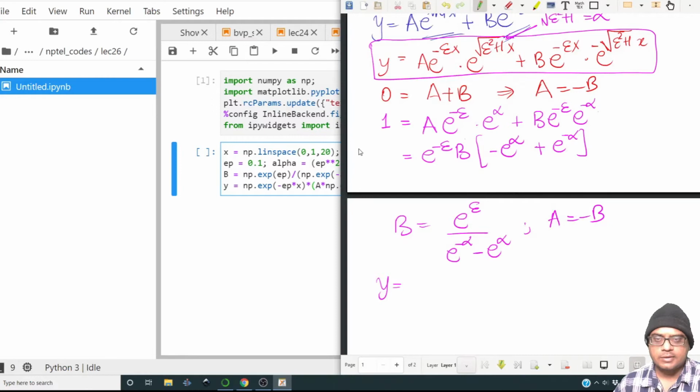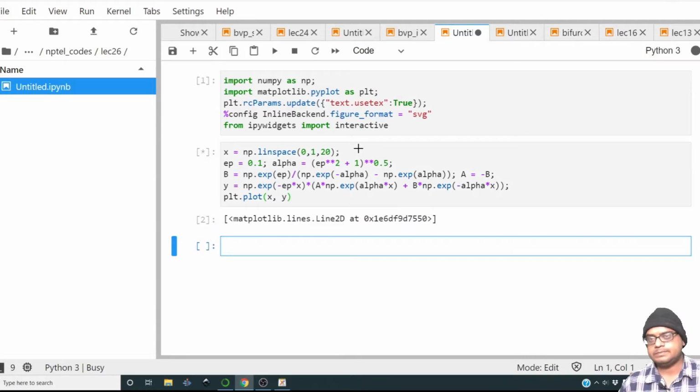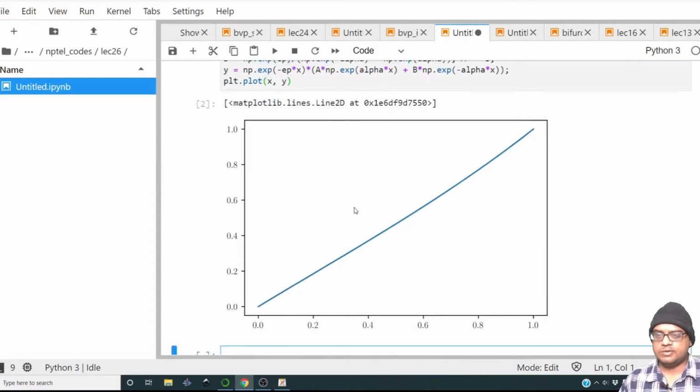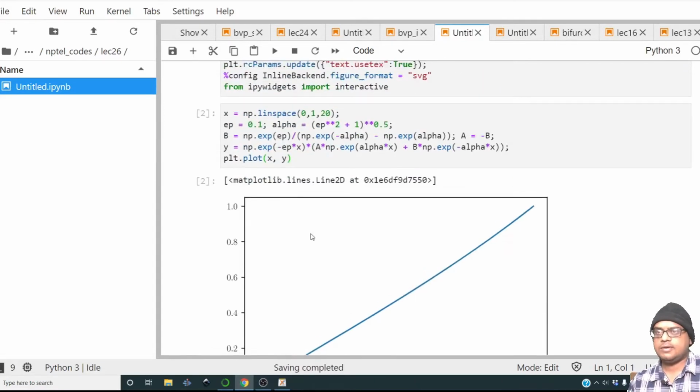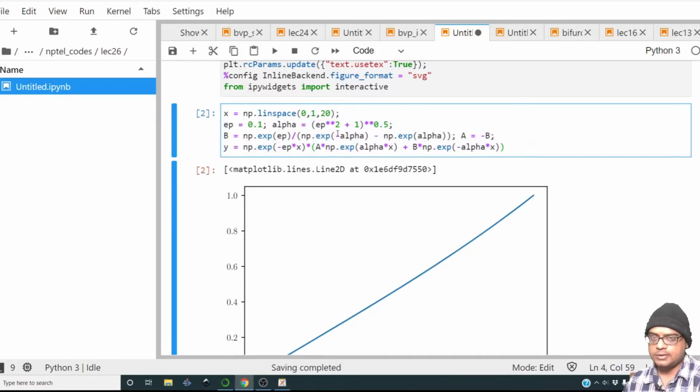Alright, so now let us plot this. Okay, so the solution looks something like this. Let me wrap everything inside a function which we can call later on.